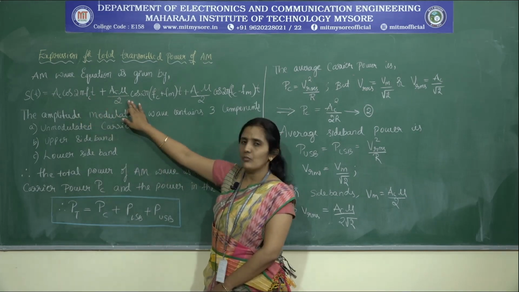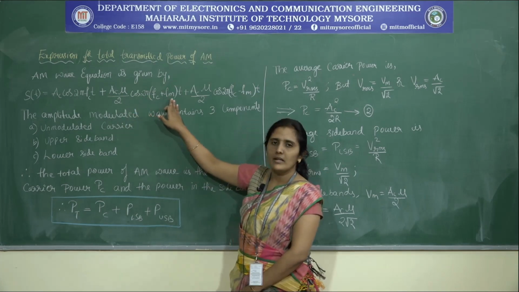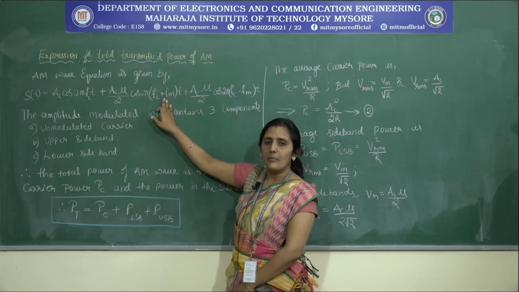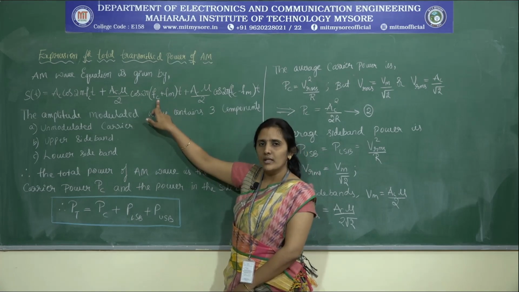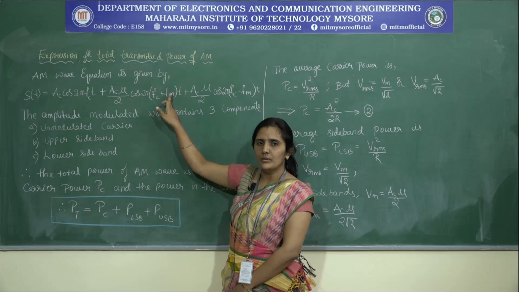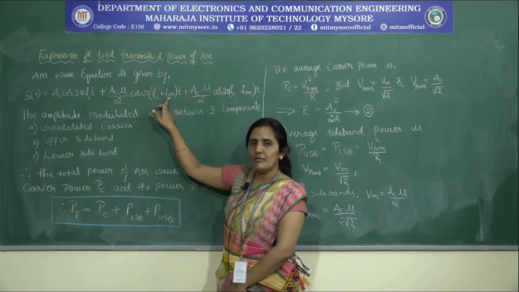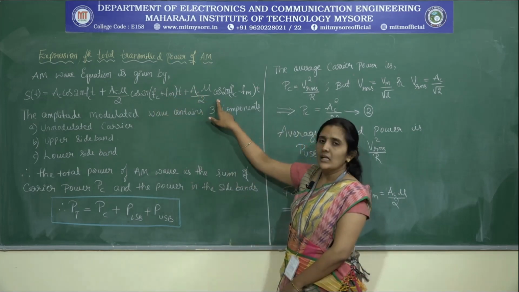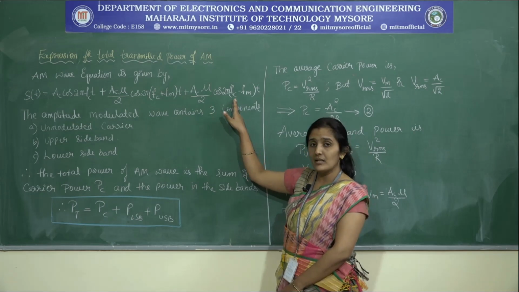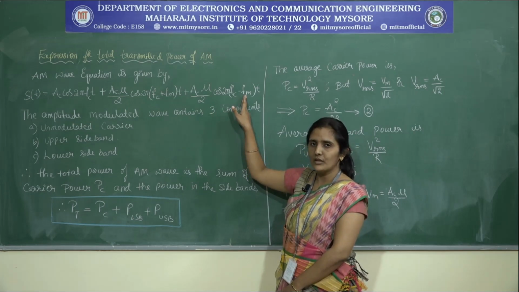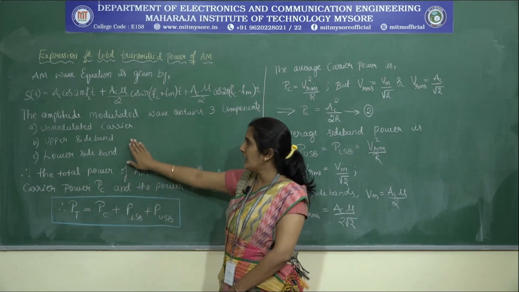Ac mu divided by 2 cos 2 pi (fc plus fm) t is the upper sideband, where the frequency is the carrier frequency plus the modulating frequency. And this is the lower sideband, where the frequency is the carrier frequency minus the modulating frequency. These are the three main components of the AM wave.